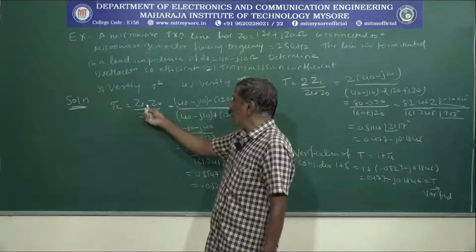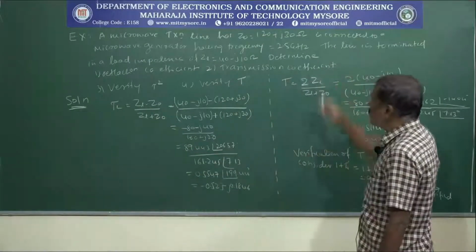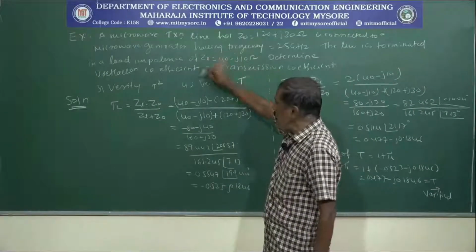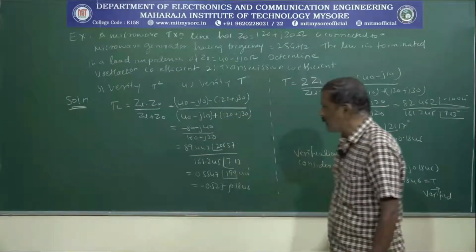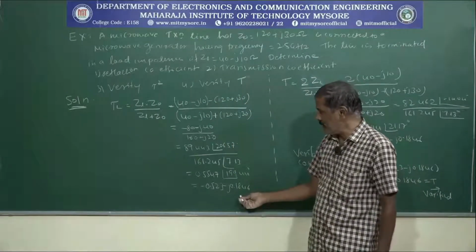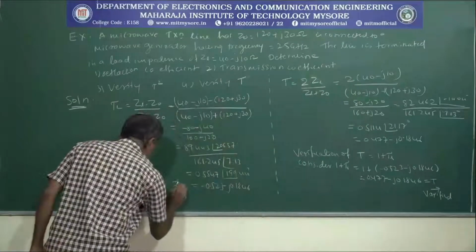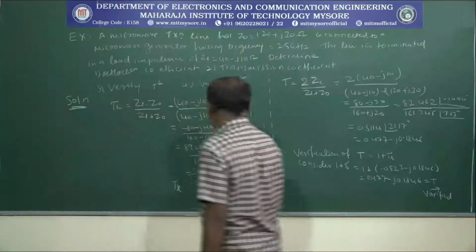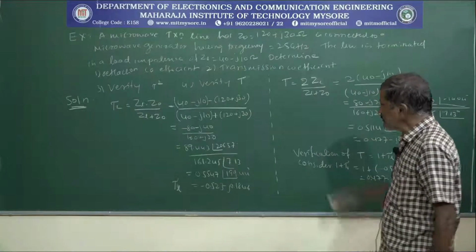Now, let us calculate this tau L. It is given by ZL minus Z0 divided by ZL plus Z0, and in the given problem Z0 and ZL are given, so substitute the values of ZL and Z0. Simplifying these equations, we get the value as minus 0.523 minus j0.1846.